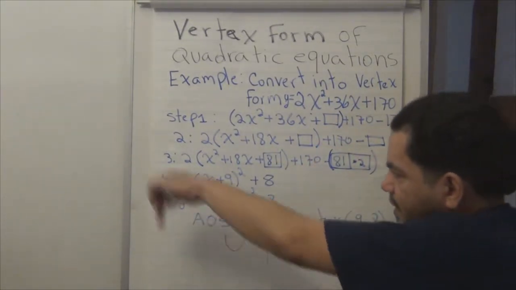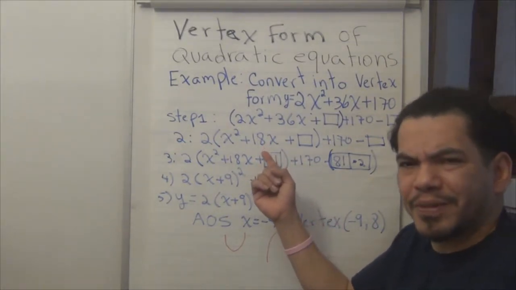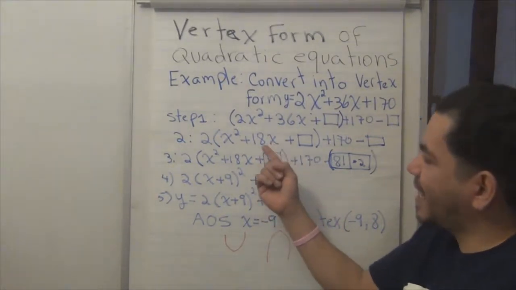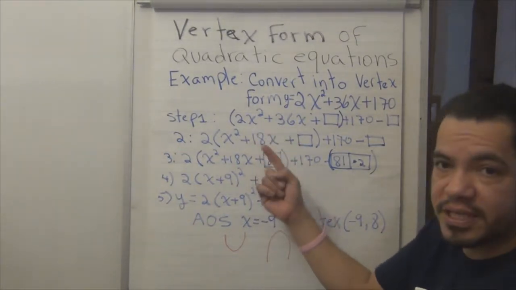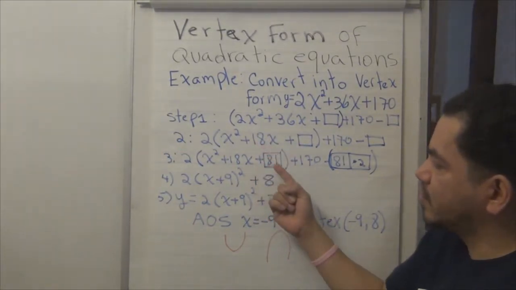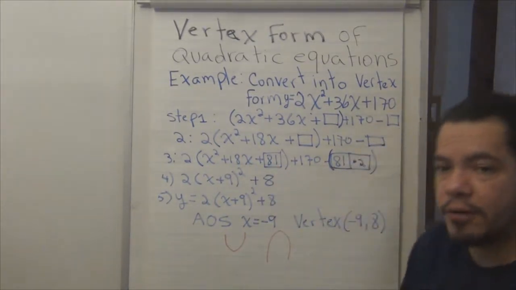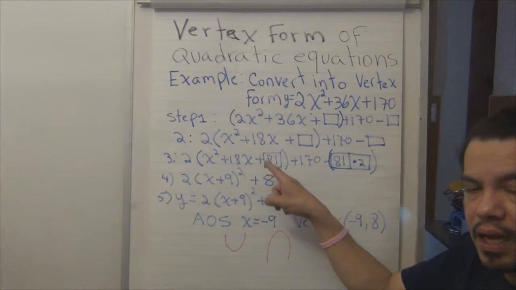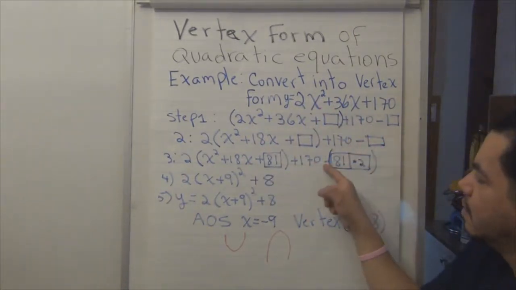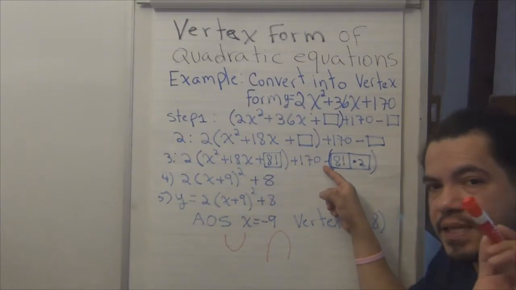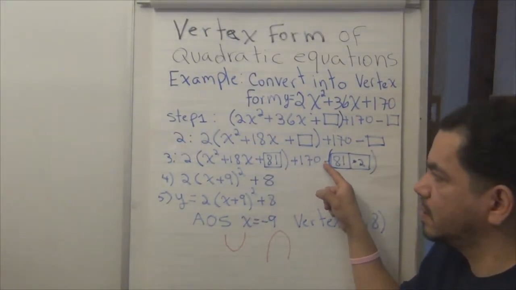Alright, let's move on. Take half of the, wait, that's completing the square. Take half of the linear term, which is 18, now becomes 9, and square it, so it becomes 81. Now add it here, and also subtract it from the 170. But this is one thing that you have to be very, very careful about.